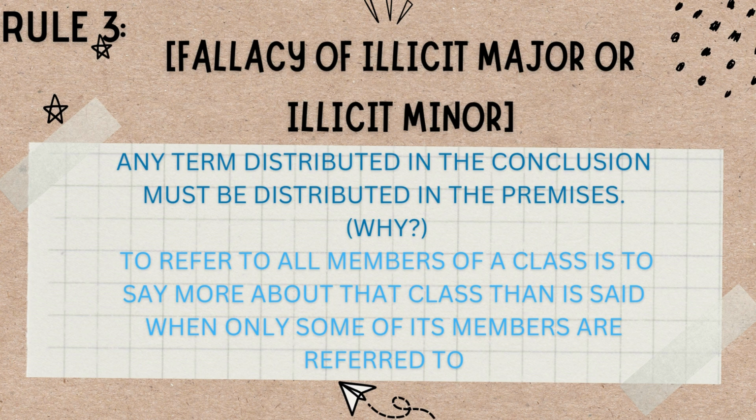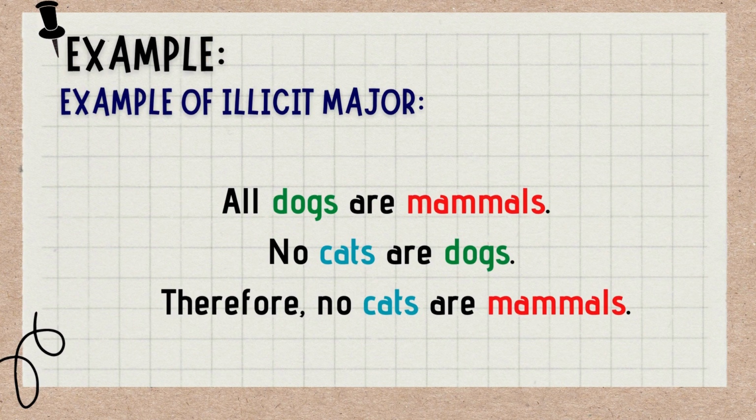Let's check. So we have the fallacy of illicit major and illicit minor. Let's see the example for illicit major. All dogs are mammals, no cats are dogs, therefore no cats are mammals. If you see the conclusion, cats is the subject and mammals is the predicate. So cats is the minor term and mammals is the major term. The premise which contains the major term is the major premise and the one with the minor term is the minor premise.